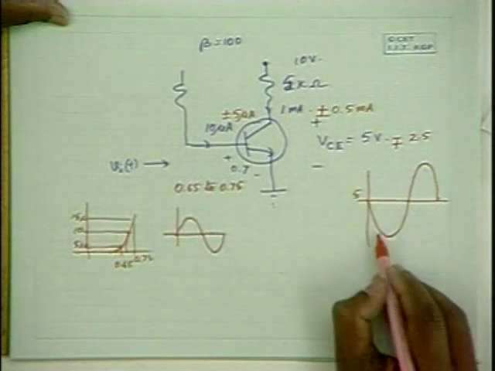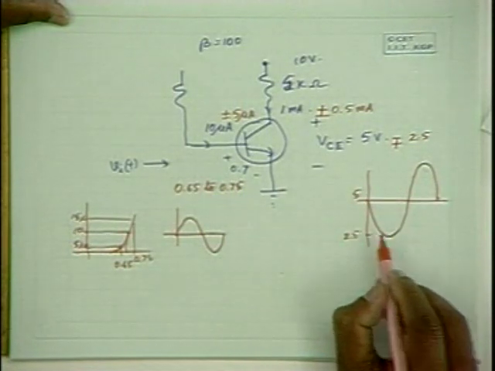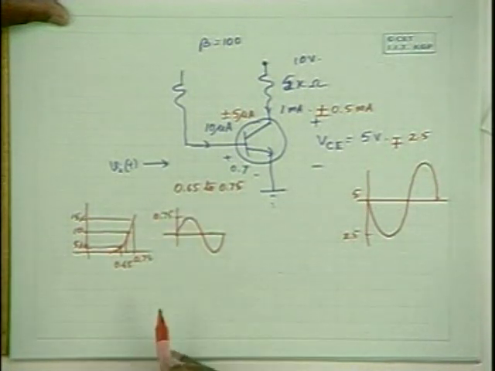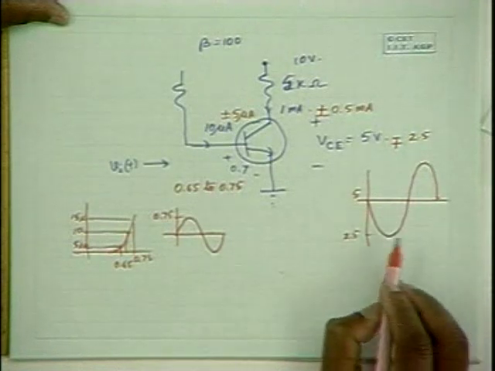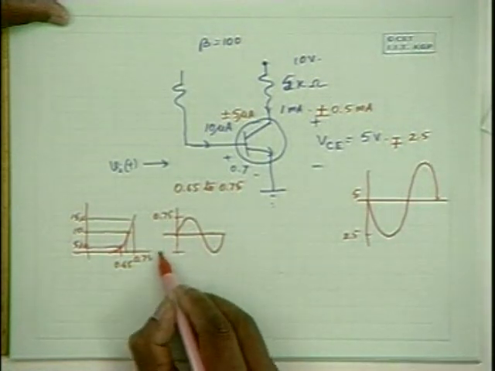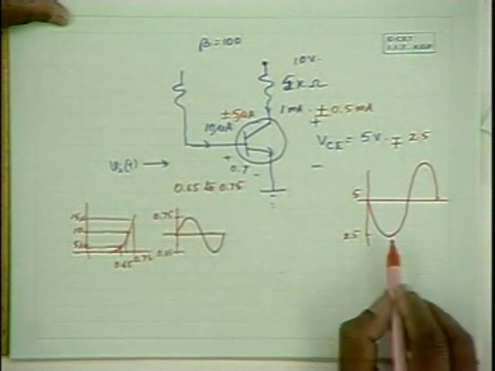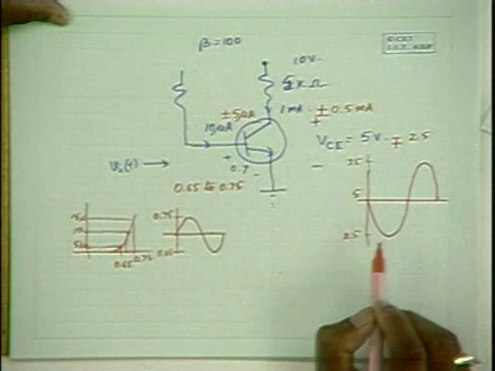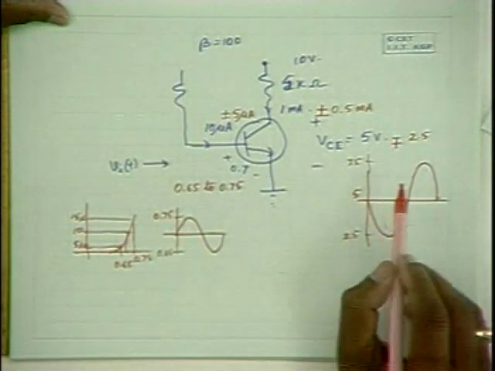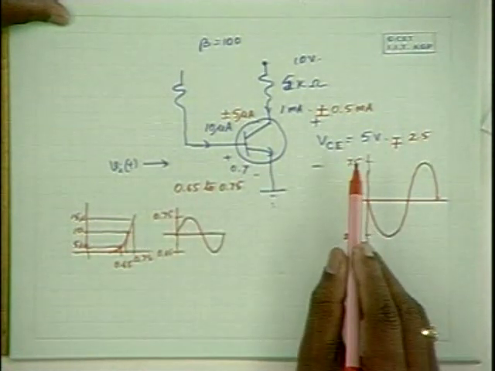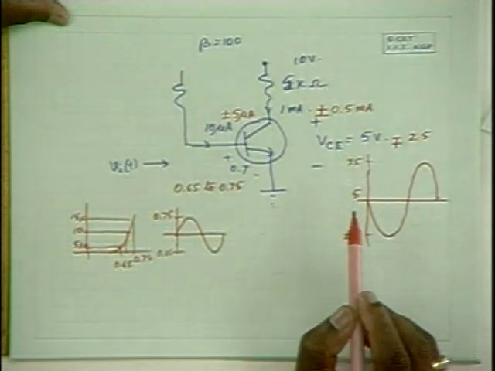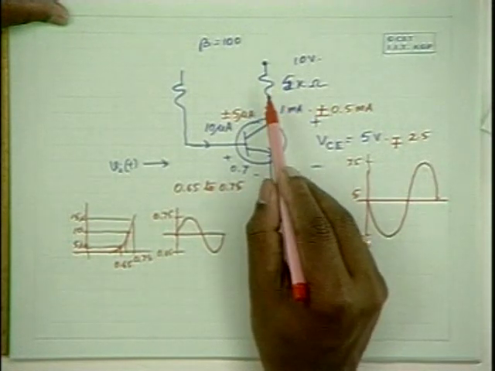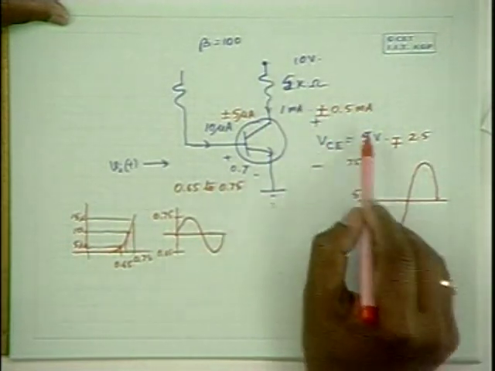This 5 volts will go down to 2.5 when the input rises to 0.75 volts, and when the input drops to 0.65, the output rises to 7.5. So please note that there is a phase inversion in the voltage amplification. It's because you are taking the output here, and the rise in the collector current reflects as a fall in the output voltage.